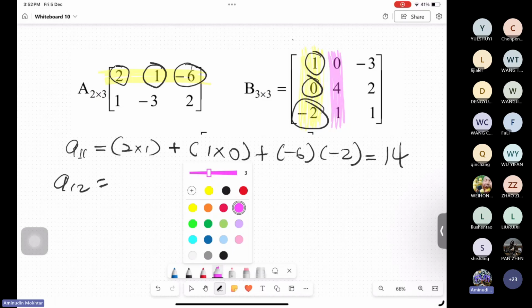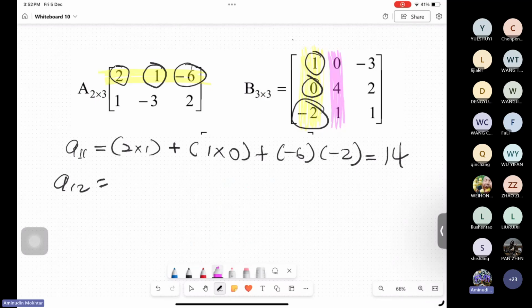There is a 0, 4, and 1. There is number 0, number 4, and number 1 in the second column of B. Okay, seen? So the process is the same. We just find the summation of the product.